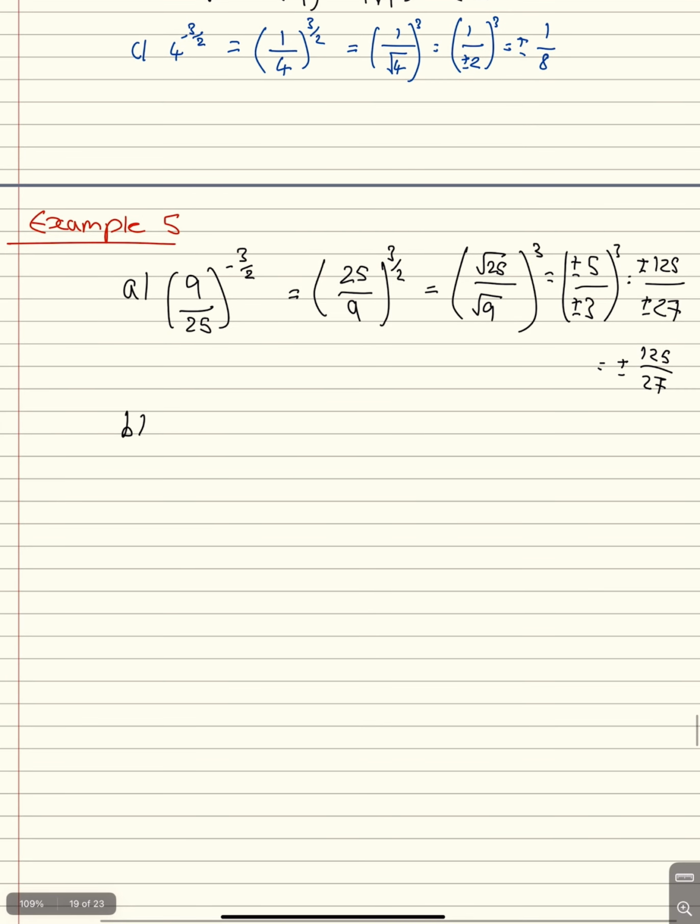Part B, we'll look at 9/16 to the power of negative 3/2. And this is, we take the reciprocal of 9/16 to get 16/9, because we have a negative fractional power.